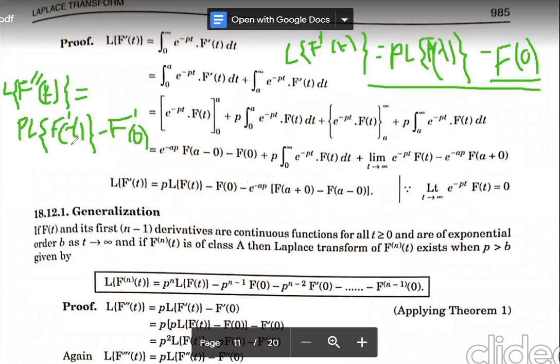Now the Laplace transform of f dash t you already know, that is p into the Laplace transform of f of t minus f of 0.